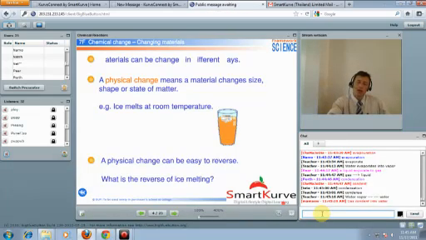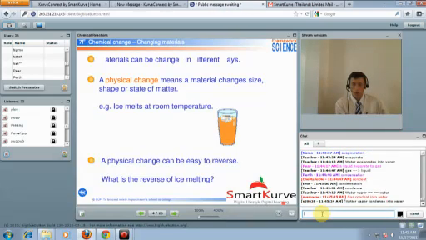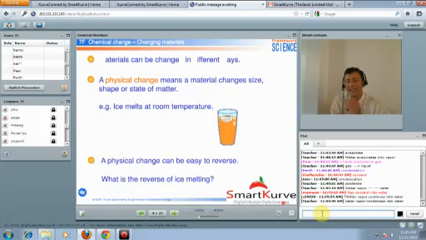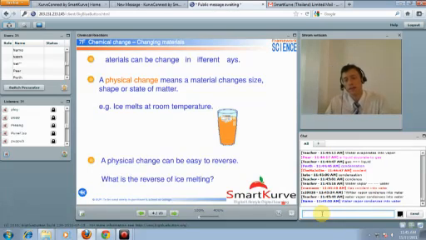But I want you to use the words that I used. Water vapor condense into water. Very good. And remember, we're going to say water vapor condenses into water. Remember, in English, we have to conjugate those verbs based on the subject. Water vapor condenses into water.